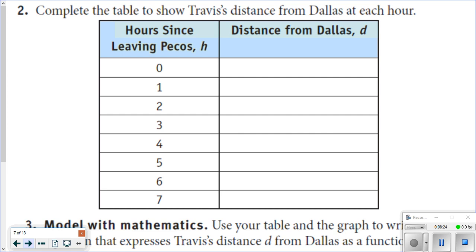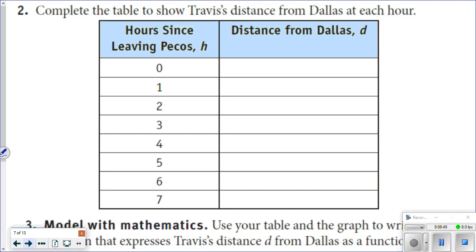Question 2. Complete the table to show Travis's distance from Dallas at each hour. Okay, so hours since leaving Pecos is your first column and it's filled in for us. And then the distance from Dallas. So if our hours are 0, he's still at Pecos.